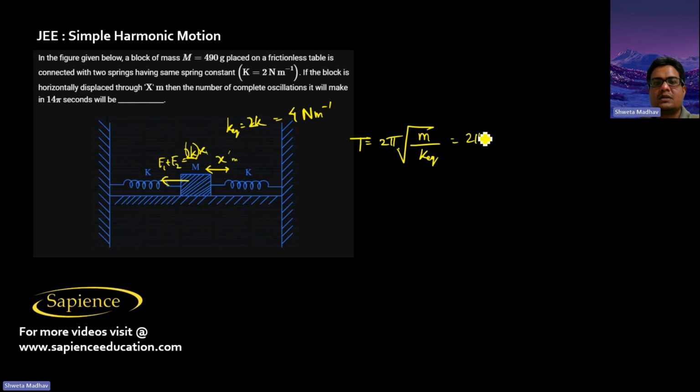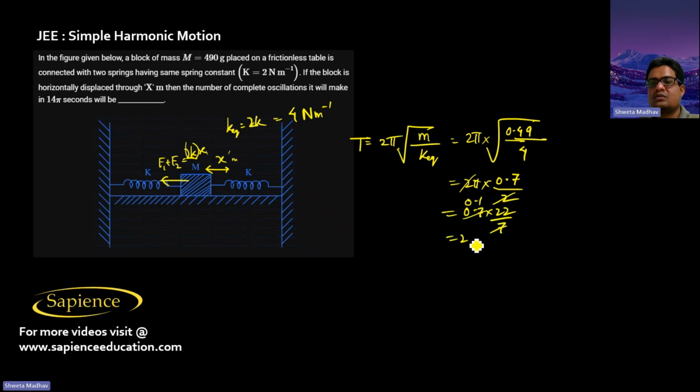So that is 2 pi root over m, that is 490 gram, that is 0.49 kg, divided by 4. So this will be 2 pi into 0.7 by 2, which is 0.7 into 22 by 7, that is 2.2 seconds. So the time period of oscillation is 2.2 seconds.